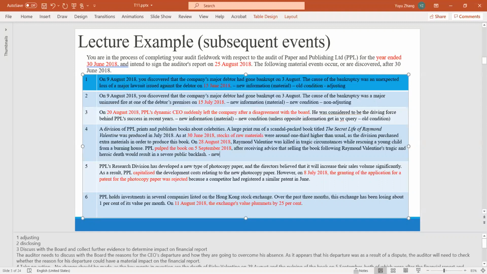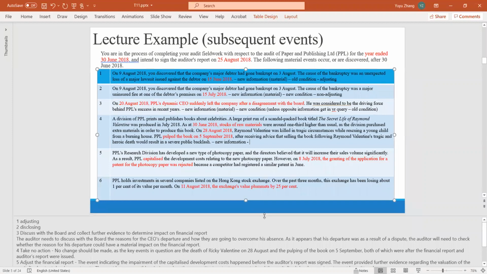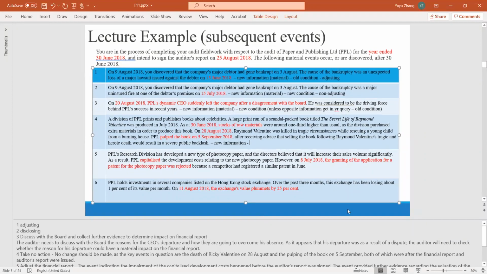So still, I think, new information and also material, right? Because that represents a large amount of the inventory stock in this company. But is this about a new situation or old situation? So is this about an old situation? The incident happened on 28th of August, right?